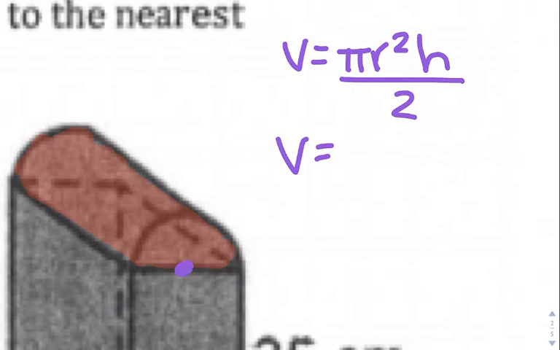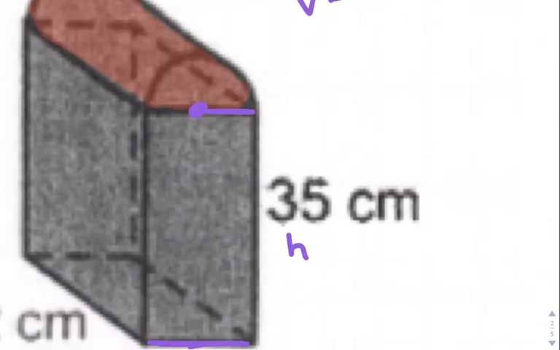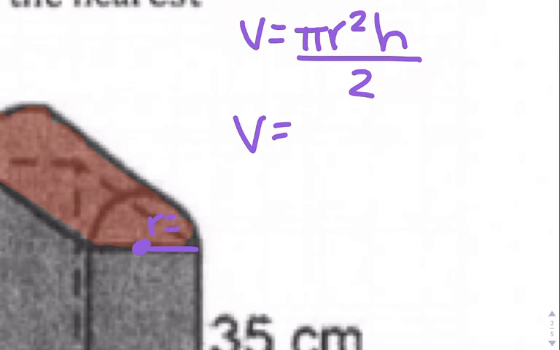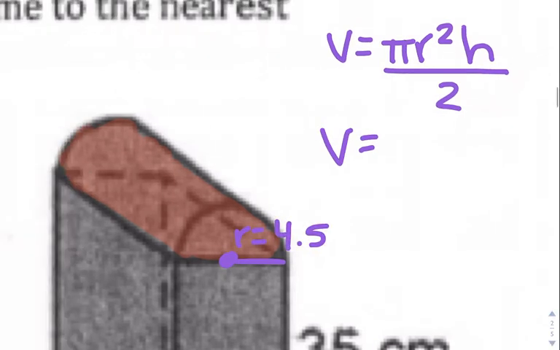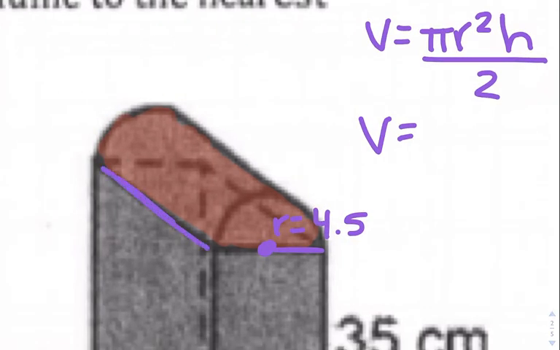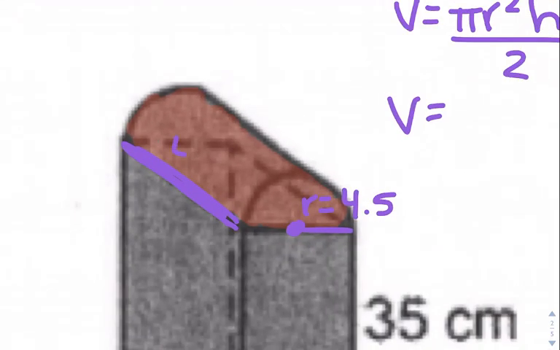R is from the center point outwards. So if I look, I know that the whole diameter is 9, so my radius would be 4.5. Now, this is the height of your cylinder. The height of the cylinder connects your circle bases together. So this line is actually 42, so 42 is your height.